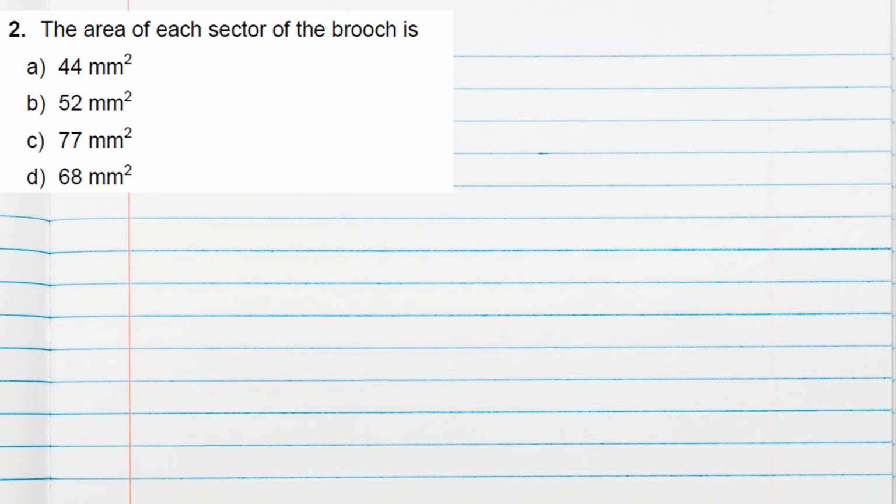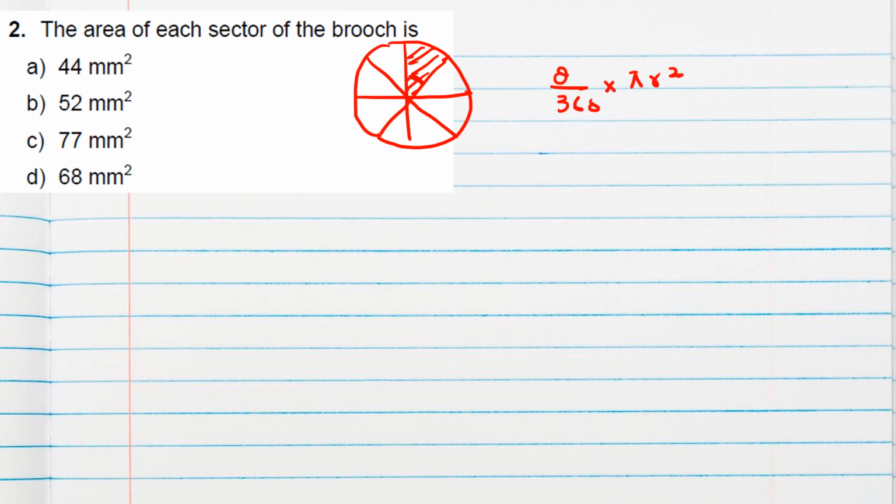Question number 2, area of each sector of the brooch. Now in the design A, we have to refer design A only. Four diameters divide the circle into 8 equal parts. So now see, one sector area we can find by our sector formula, that is theta by 360 into pi r square. R is 14, and to know theta, the whole complete circle is 360 and divide by how many parts?